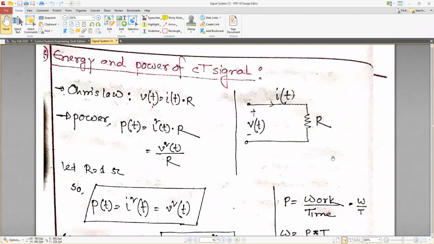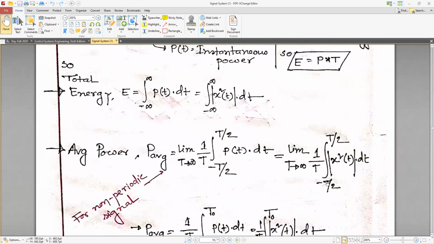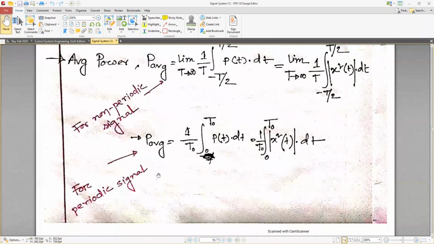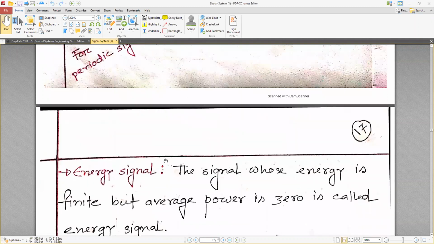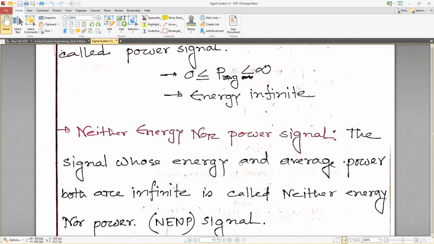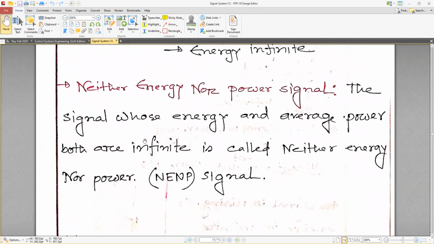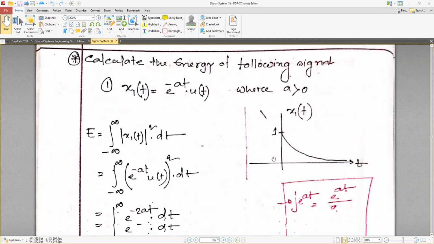Energy and power of a continuous time signal, Ohm's law power, we have seen the circuit diagram. Total energy from minus infinity to infinity, non-periodic signals as well as periodic signals. We have seen the energy signal, the power signal, and after that neither energy nor power signals, with some examples.